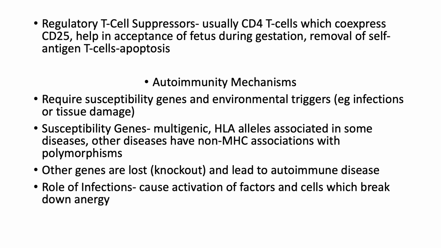Susceptibility genes are multigenic. There are HLA alleles associated in some diseases. Others have non-MHC associations with polymorphisms. Other genes are lost. We call these knockout, and they lead to autoimmune disease. And there's a role of infections which cause activation of factors and cells which break down anergy.